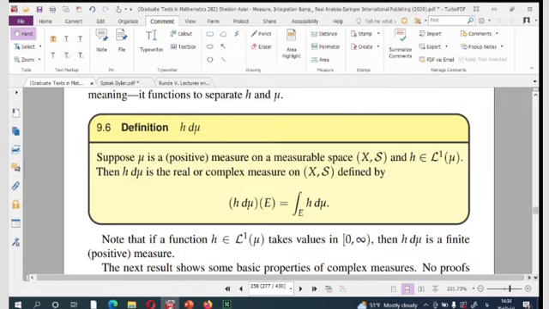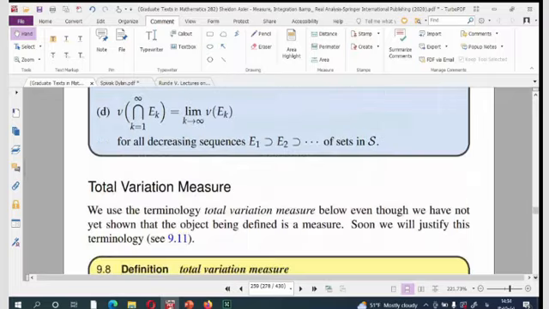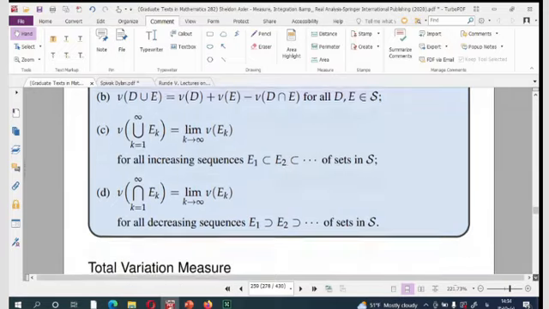This is a notation. And we have this proposition: suppose mu is a complex measure on a measurable space X and S, then we have these properties. These properties are very easy, and the proof of this statement is similar to the non-negative measures, and you can see this.